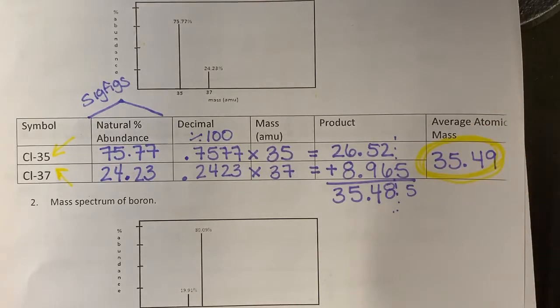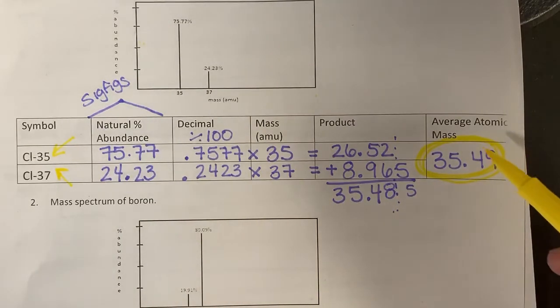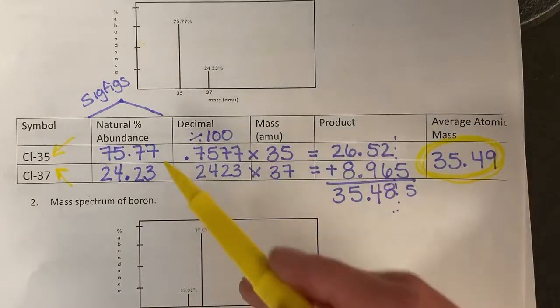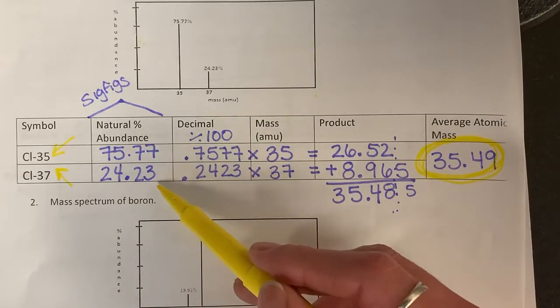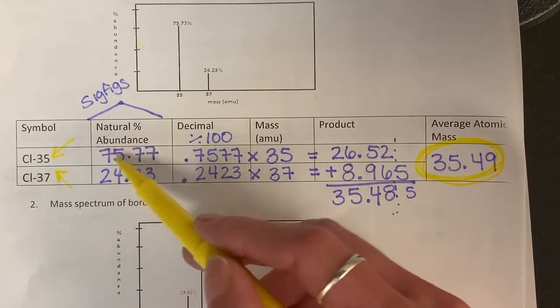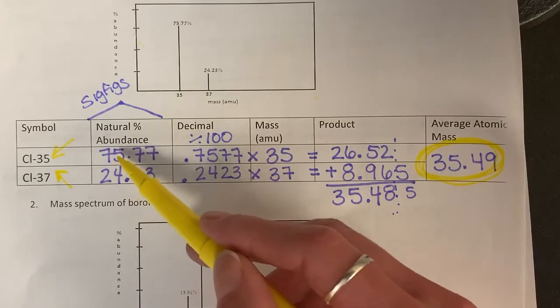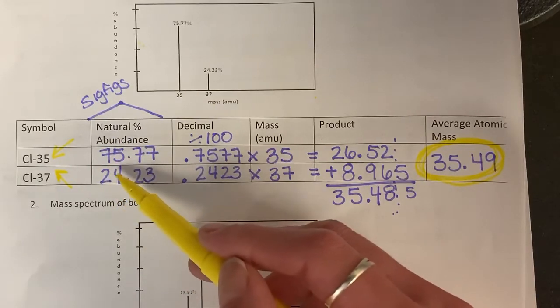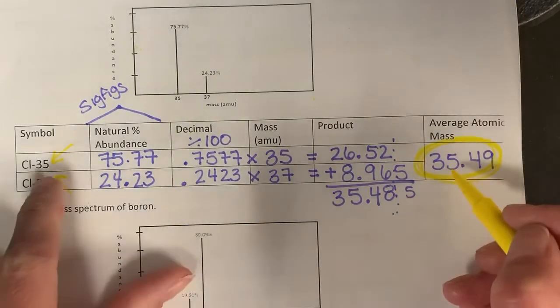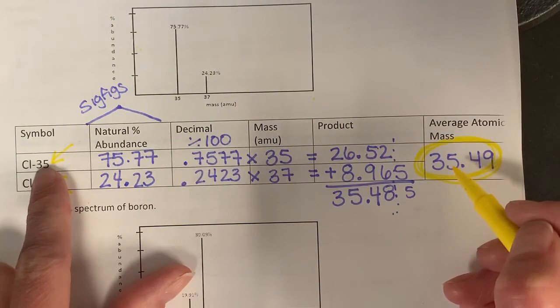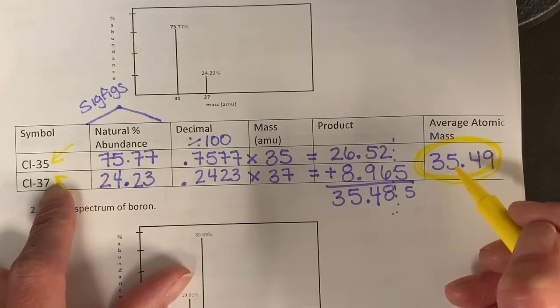The other thing that I should do to check to see if it makes sense is, remember, it's a weighted average. It should be closer to the one that has a bigger percent. So 75 is a much, much higher percent than 24. So my answer should be closer to 35 than 37.